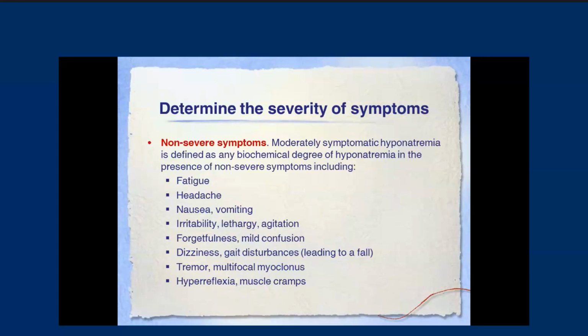In this type of patient, due to brain adaptation, the likelihood of developing cerebral edema will be low. So patients with chronic hyponatremia with severity less than 120 may manifest with mild to moderate, or non-severe, symptoms, and they are not usually associated with severe symptoms of hyponatremia, because it gives the brain time for adaptation.